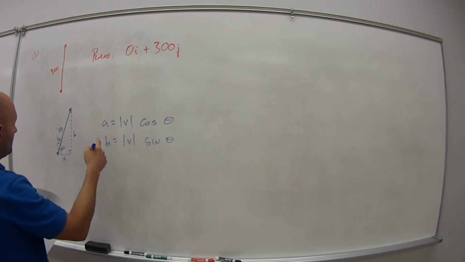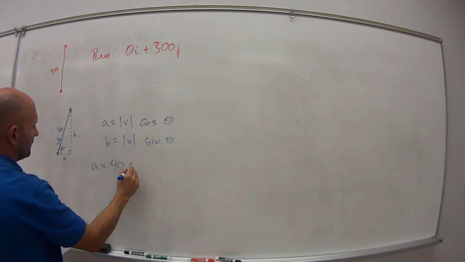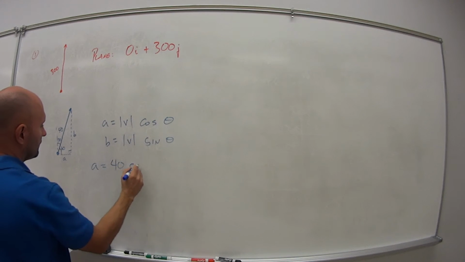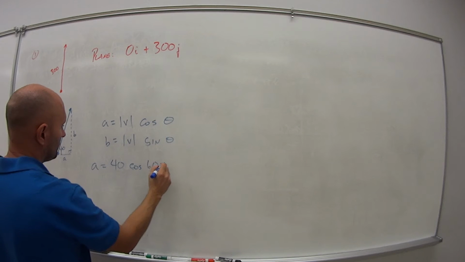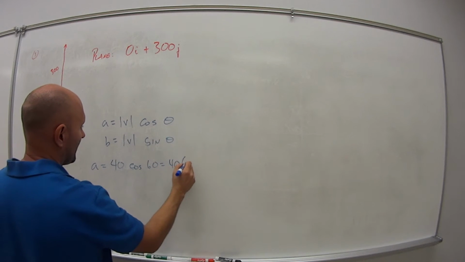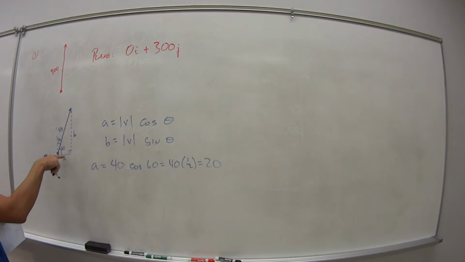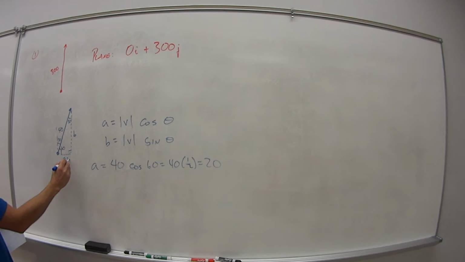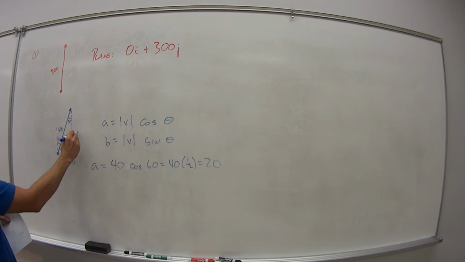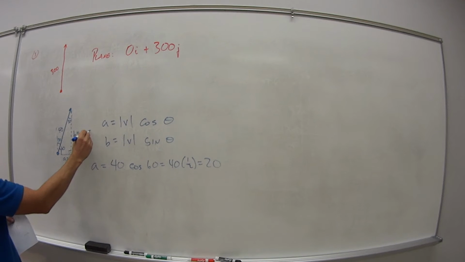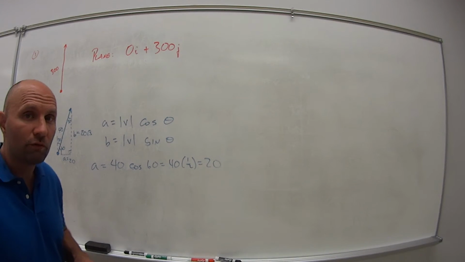So my A is 40 times cosine of 60, which is 40 times a half, which is 20. Which again, you can see we have our triangle, so this is 30 degrees up here. So A is the short leg from the hypotenuse, so we know that that's what? 20, and then that means using our shortcut, this is what? 20 square root of 3.